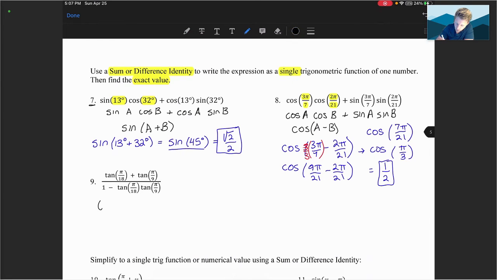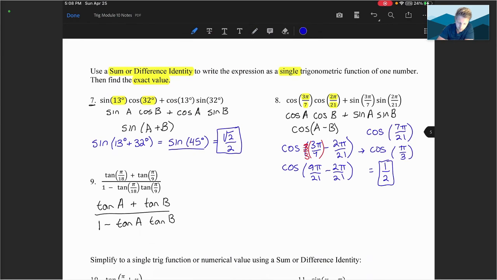That's the tangent of some angle A plus the tangent of an angle B divided by 1 minus the tangent of A again, tangent of B, where again, A and B are pi over 18 and pi over 9.